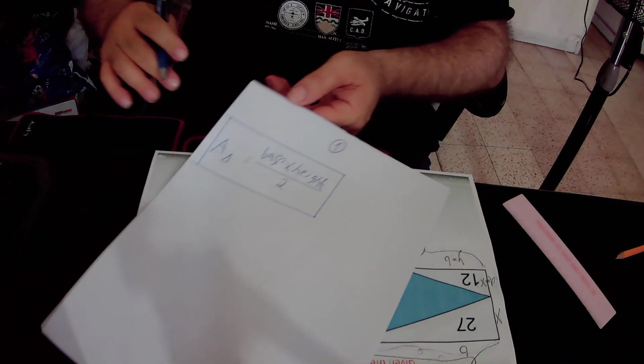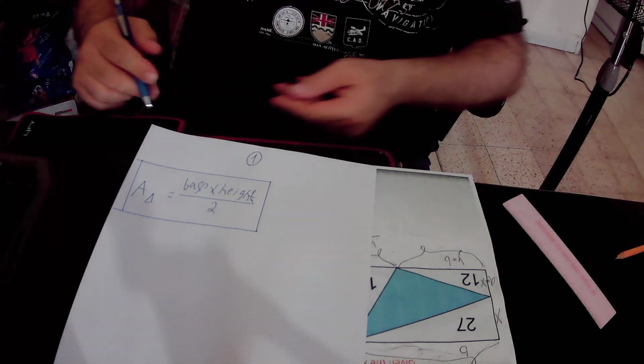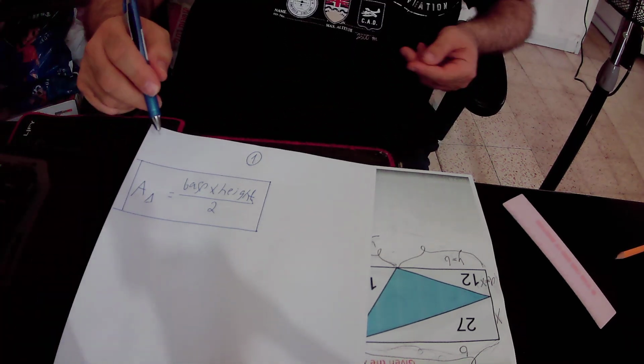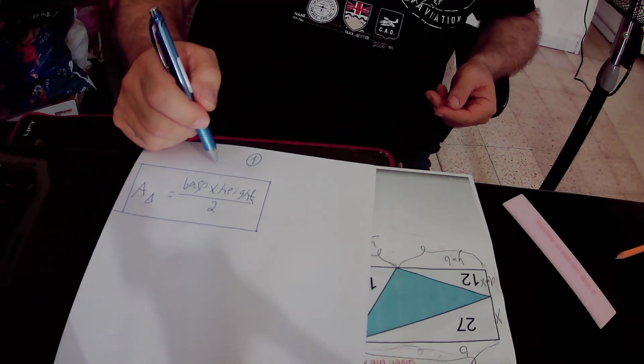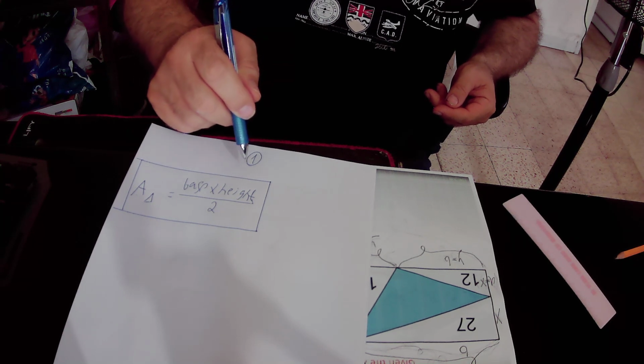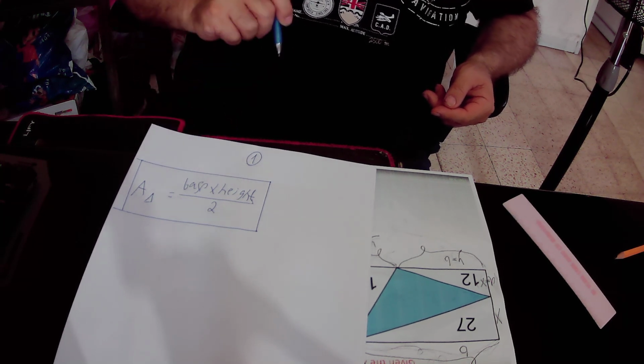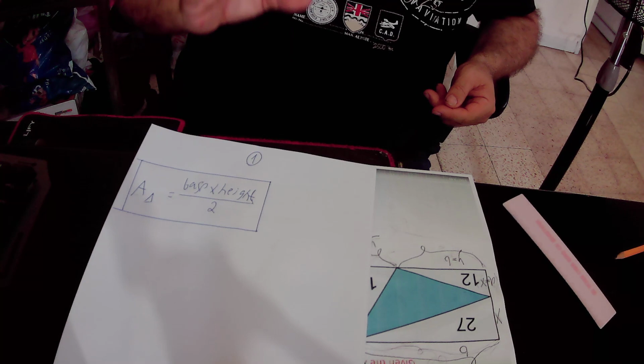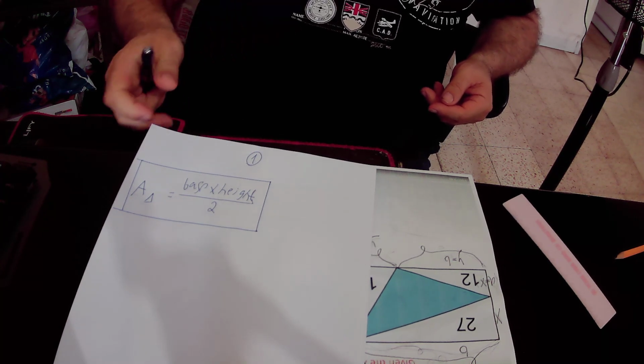Okay, the formula for the area of a triangle is the base times the height to the base divided by 2. That is the area of a triangle.